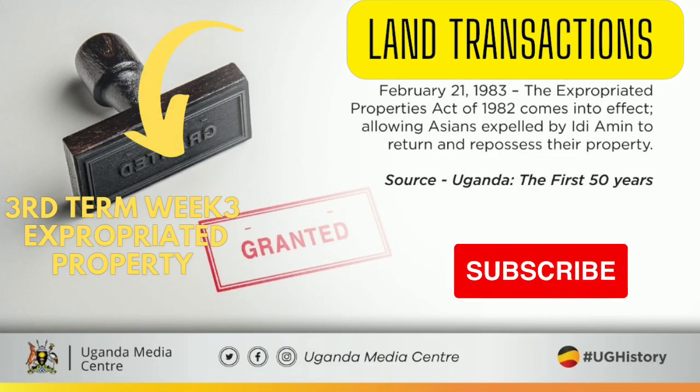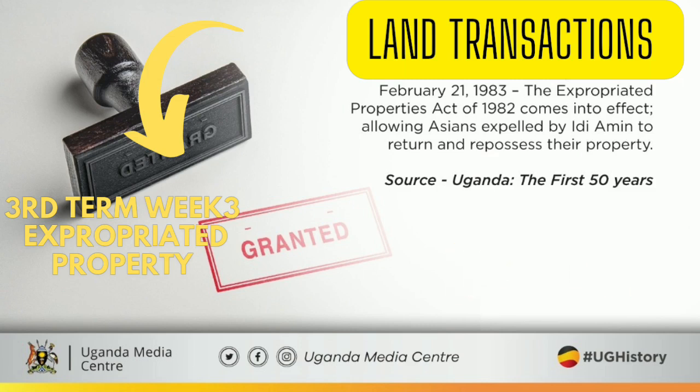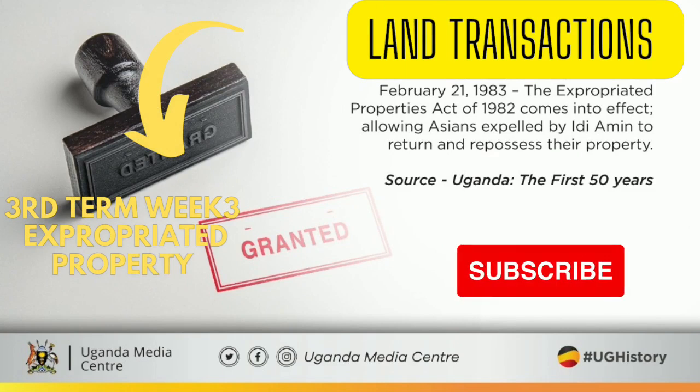So remember, when you look at section 59 of the RTA, it says that a certificate of title is conclusive evidence of ownership. So after a transfer has been effected, now you are a registered proprietor because you have a title.